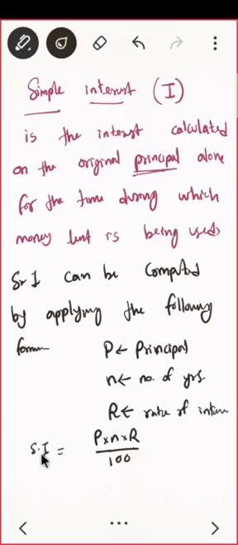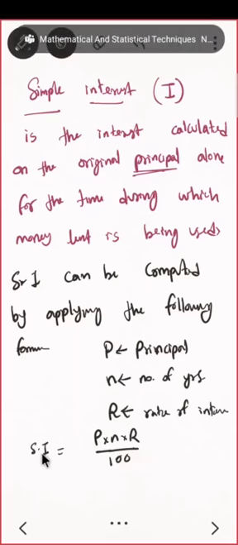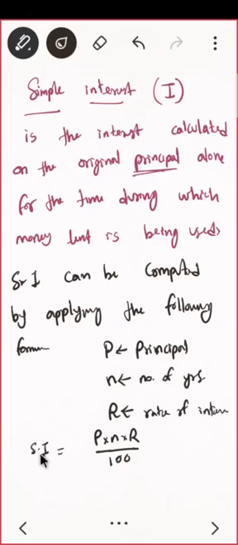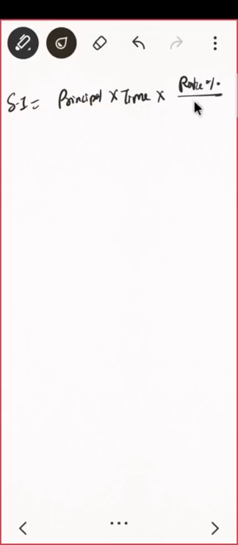If somebody asks you what the final amount is, and this is rate percent. Actually, let us see how this formula came first of all. You may write it like this: SI is equal to principal into time into rate percent divided by 100. That's it.